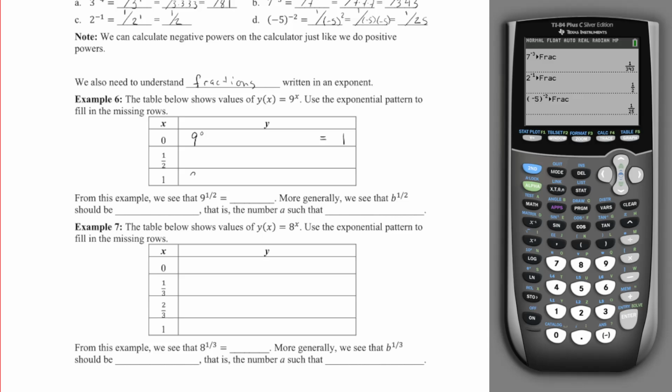In this last row, we have 9 to the power 1, which we know is 9. And we see that every time we go down a row in this table, our input increases by the same amount. So our output must be multiplied by the same amount. We need to figure out what that amount is.